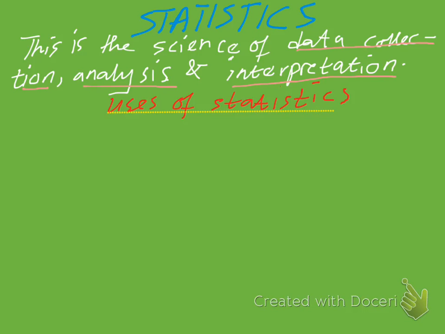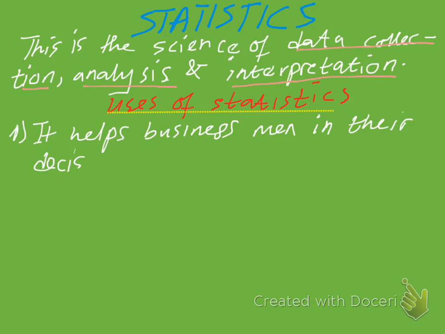Uses of statistics. It helps businessmen in their decision-making process. Although statistics is a science of data collection, analysis and interpretation, what do you do with it? Why is it useful? It helps businessmen in their decision-making process. A businessman needs information about a particular group, about his customers, about demand in order to produce.